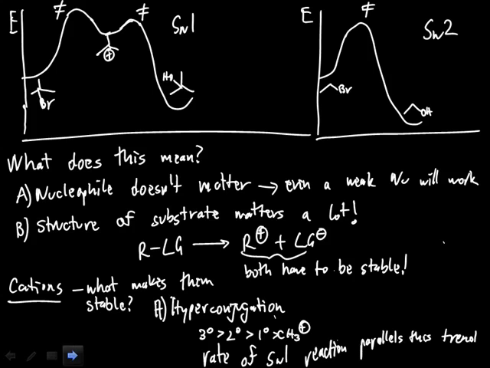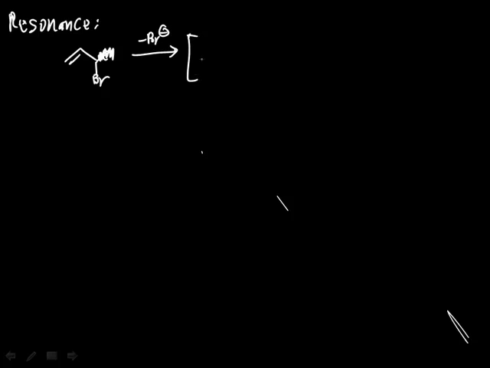The other thing that stabilizes cations is resonance. And we've seen that in our discussions of resonance. If we have this bromide, this primary bromide, this thing can lose Br minus, and even though a primary cation shouldn't be too stable, in this case we get a primary cation which is stabilized by resonance.